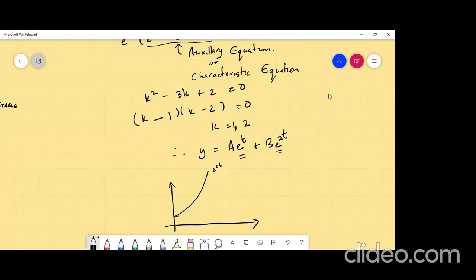And e to the 2t plus e to the t would look something like this. So the question now, based on what we have said, is this system stable, unstable, or marginally stable? Based on our discussion before.